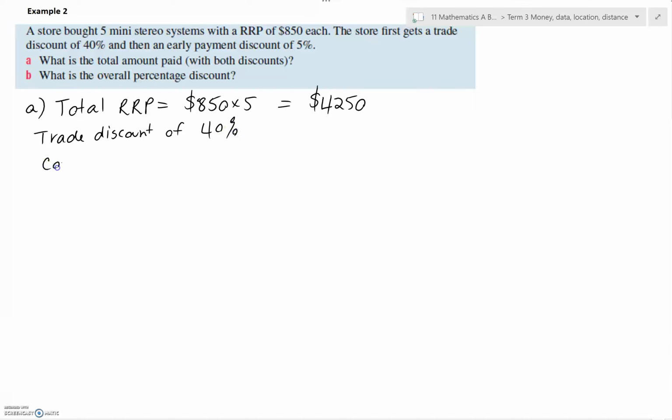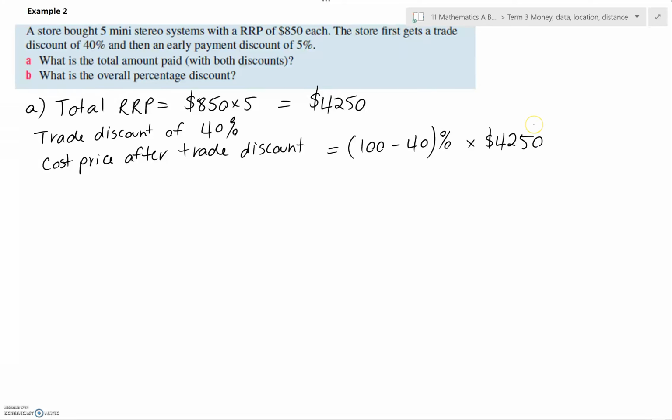So our cost price after our trade discount. Now, of course, you could also work this out in multiple steps and then subtract them to get to your next value, but I'm going to do it in one step as another way of showing you how. So our cost price after our trade discount is the 100% that we're starting with minus that 40% trade discount on that starting amount, $4,250.